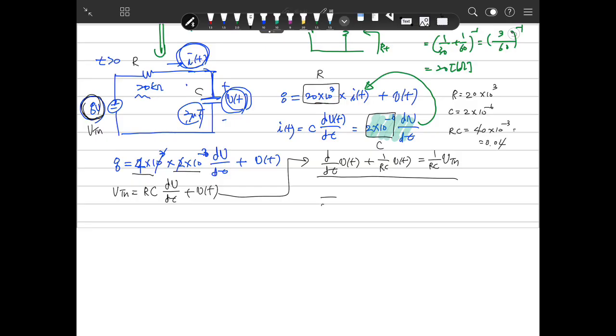So there will be dVT/dt plus 25 VT equal to 25 times V in, and V in is 8, so there will be 200. Am I right?